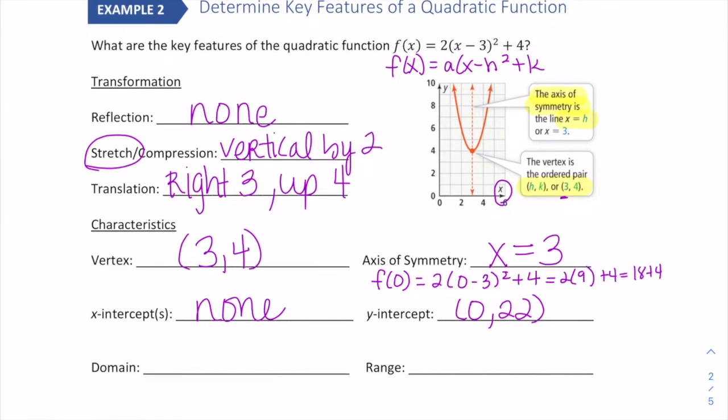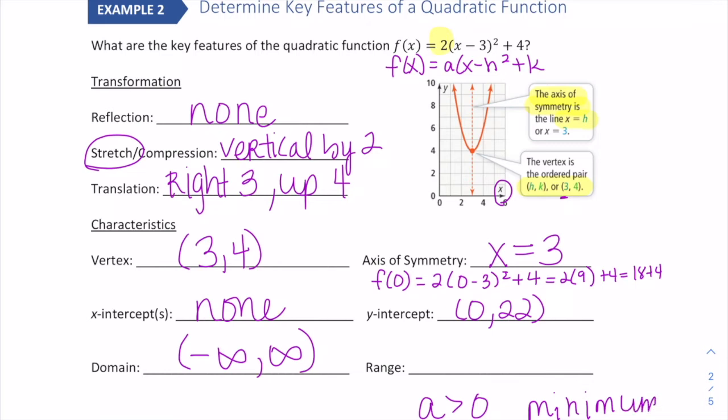Looking at this graph, it will continue to the left and to the right. So the domain is all real numbers, -infinity to infinity. The range, however, is dictated by this 2. The a is greater than 0, so it means it's going to open up and have a minimum.